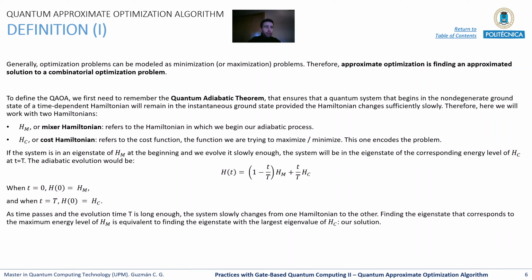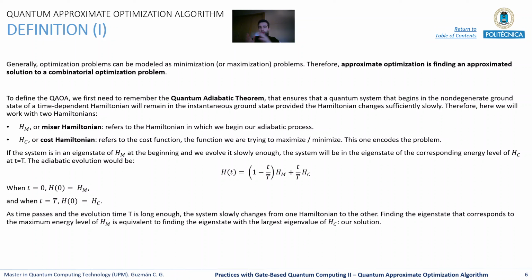For example, portfolio optimization is the most common one for quantum. You can approach all of them with QAOA, but you will always have an approximated solution. You won't have the exact one. There's a limit where you could have that one. We will see it in a bit.